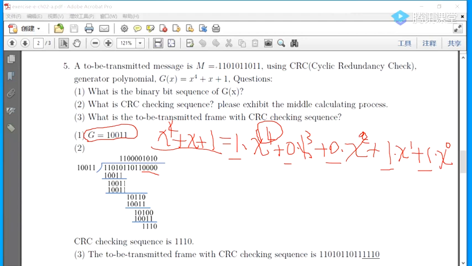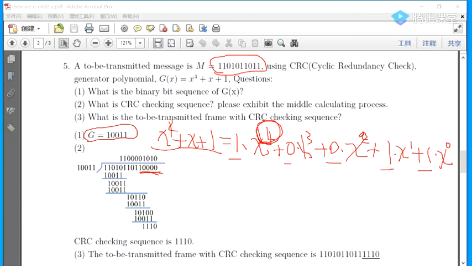So here, the message to be transmitted is this one. Before long division, we append 4 zeros. Why 4, not 5? The highest order term here is 4.